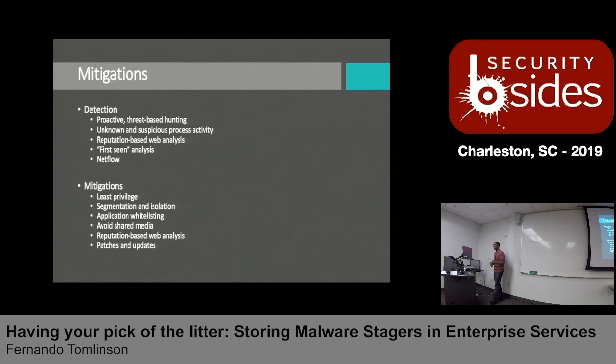Some detection mitigation strategies. Well, proactive threat hunting: come to work and actively go look at stuff on your network. Assume breach. Well, it's quiet. That's because they're good. I'm telling you, if you go look, you'll find stuff. Right? Reputation-based web analysis: what does the rest of the community think about this domain or this file?